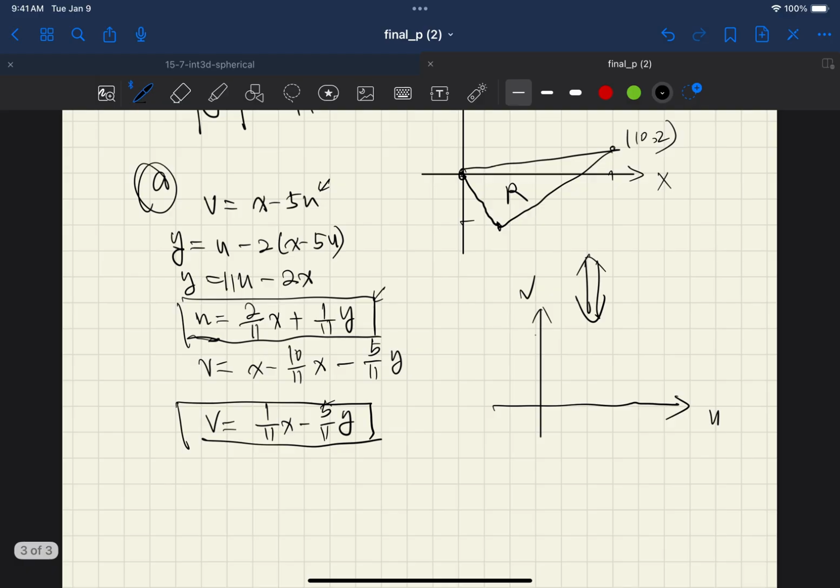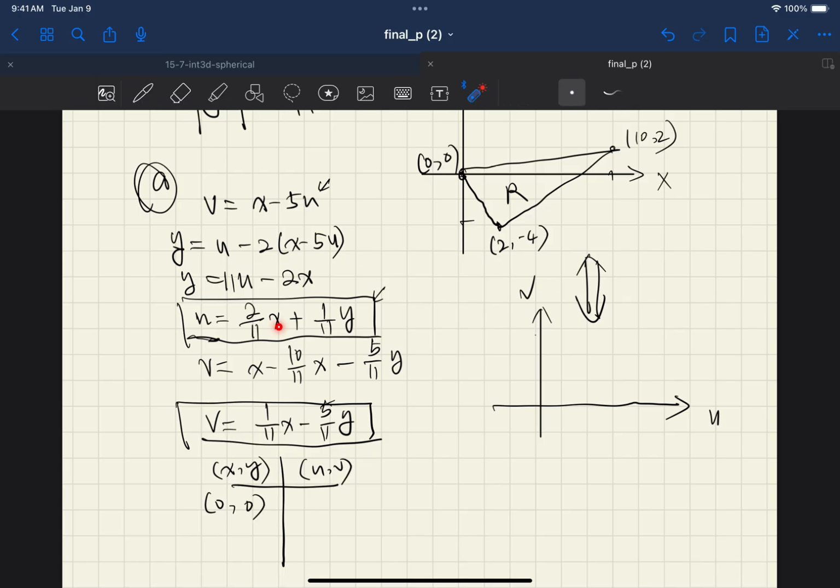And then we look at the 3 points, 2, negative 4 and 0, 0. So x, y, and u, v. So if you put 0, 0 in the u formula, then this is 0, and of course here v stays 0.